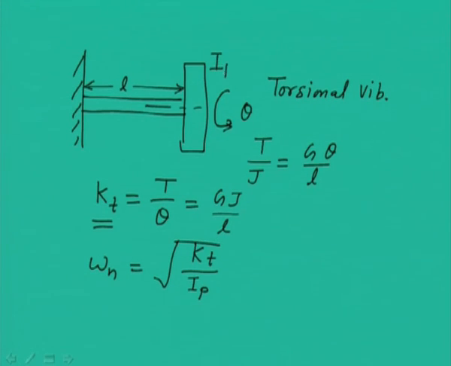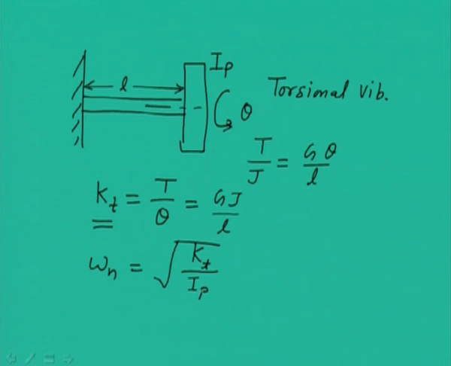The polar mass moment of inertia of the mass is I P. So here you can see, instead of linear stiffness, torsional stiffness is coming, K t, where t is the subscript representing the torsional stiffness.